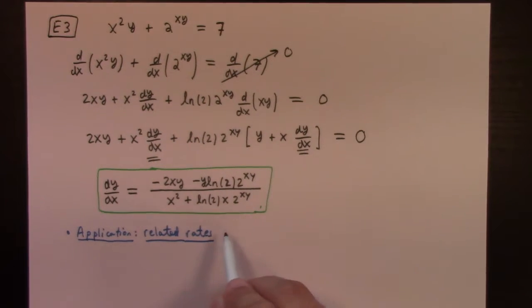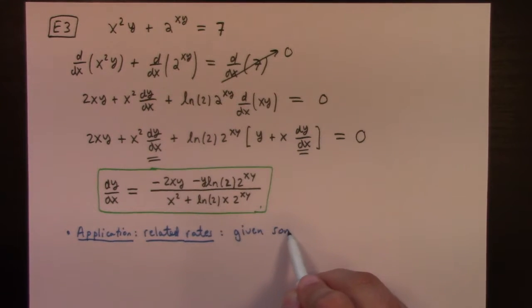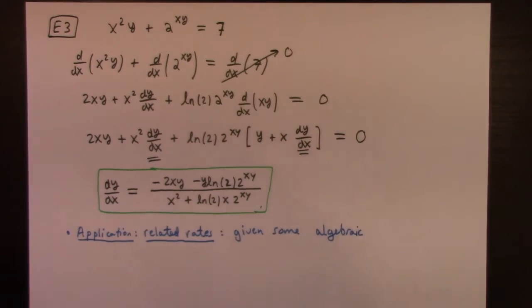So related rates, basically, the point is you're given some formula that relates some variables. I mean, when I say algebraic, it really just means there's a formula.